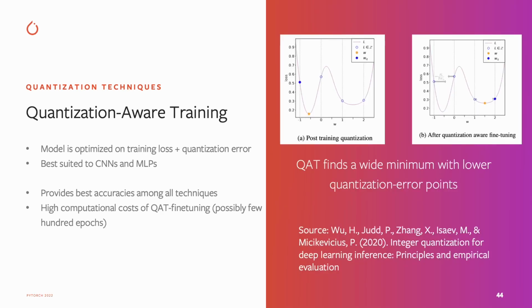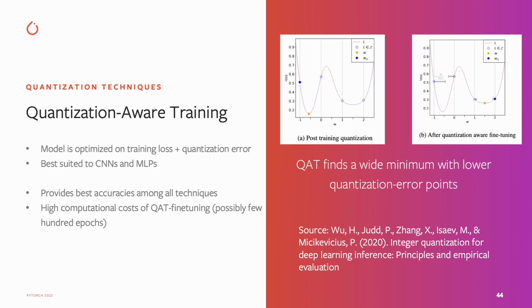So take a look at the figure on the slide. In figure A, we have the results of post-training quantization where the FP32 model, given by the yellow dot, has found a local minima. However, when we quantize that same model in PTQ, it moves to the blue dot, the solid blue dot, which is unfortunately in this case higher up on the loss curve.